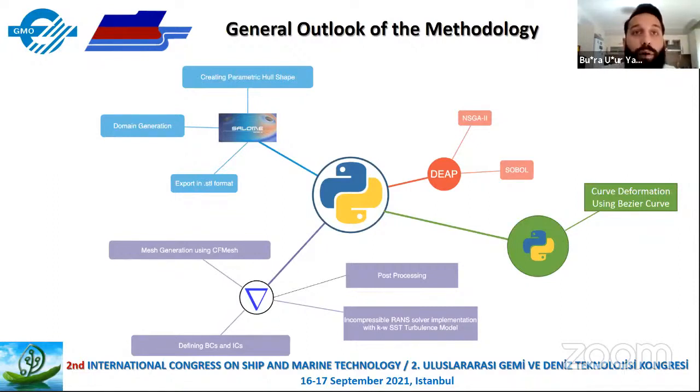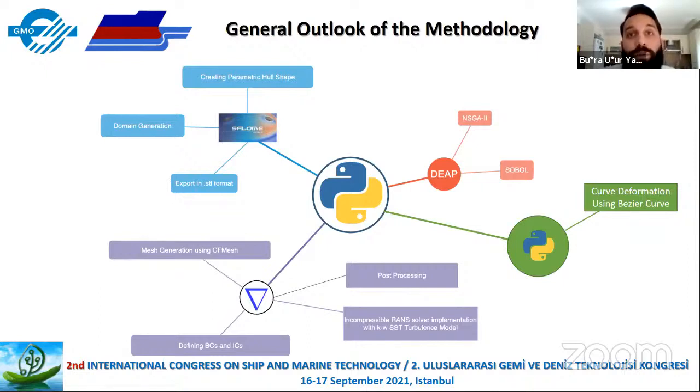First of all, the Python code initiates the optimization library, namely DEAP, to obtain the parameters of the new variants. These parameters are then sent to the curve deformation code, which is also natively written in Python and implements the Bezier curve-based deformation technique.